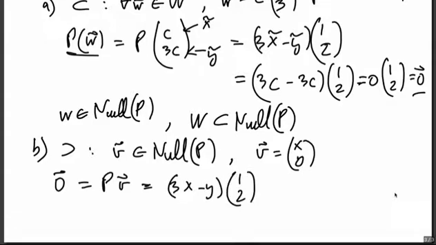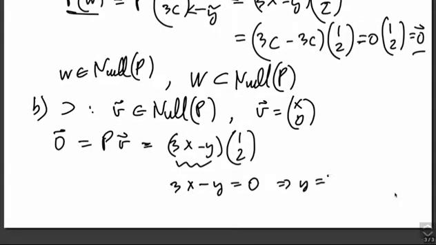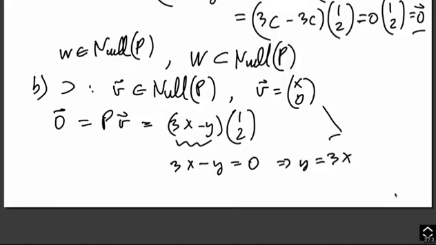So if this is the 0 vector, that means 3x must be equal to y, because 3x minus y must be equal to 0. That's the only way to get the 0 vector, because 1, 2 is not the 0 vector. So that means that the scalar must be 0. That means y equals 3x, and then that means that v has the form x, 3x, which can be written as x times 1, 3.